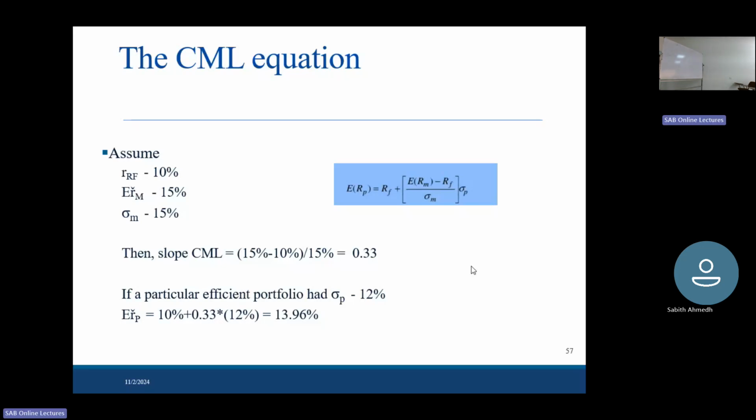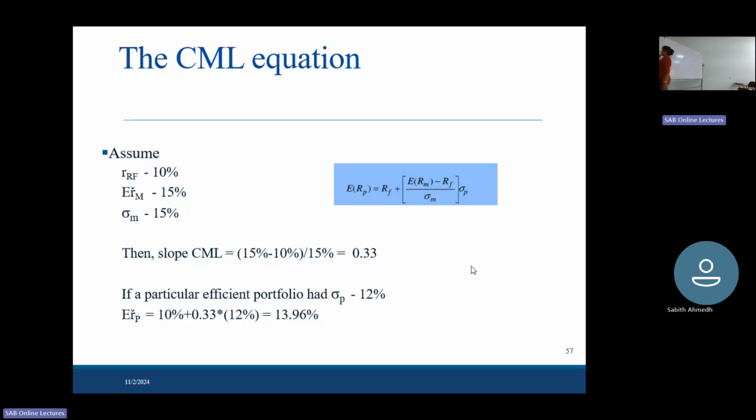So then suppose you have an efficient portfolio. What is an efficient portfolio? A portfolio on the CML, the capital market line. Your efficient portfolio standard deviation is 12%.